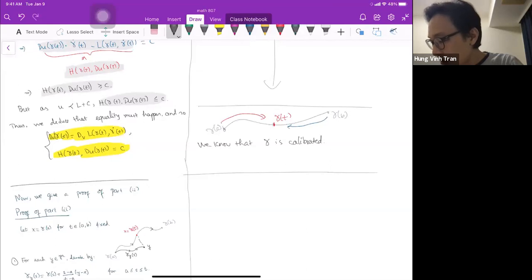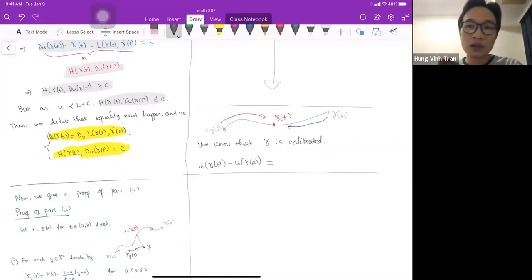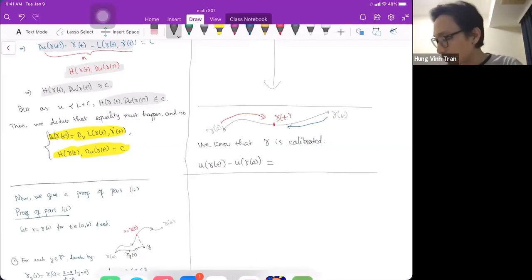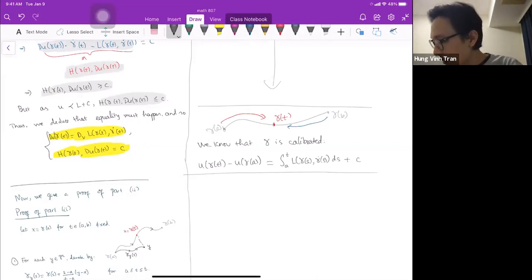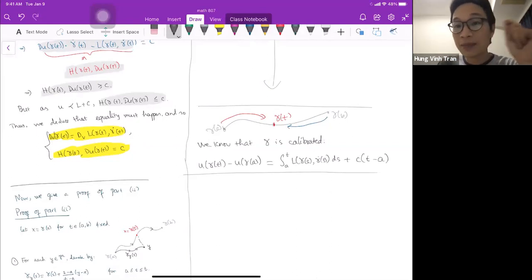In particular, u of gamma t minus u of gamma a equals the action functional on gamma of L plus C. So it's the integral from a to t of L of gamma s, gamma dot s ds plus C times t minus a. This is going from gamma a to gamma t.